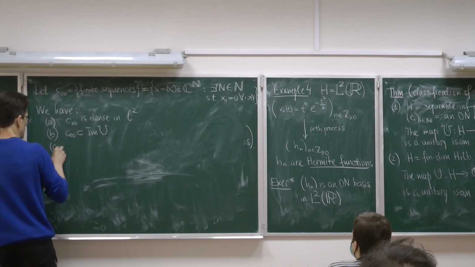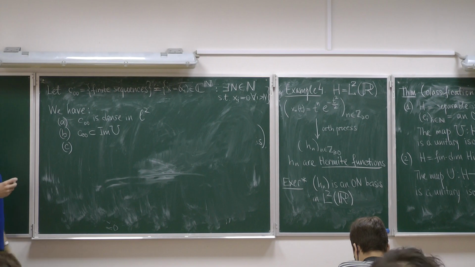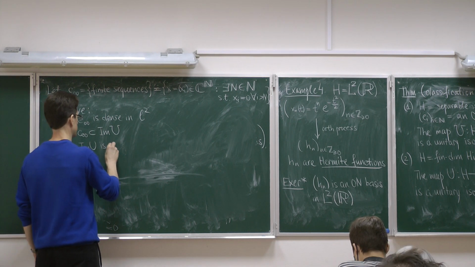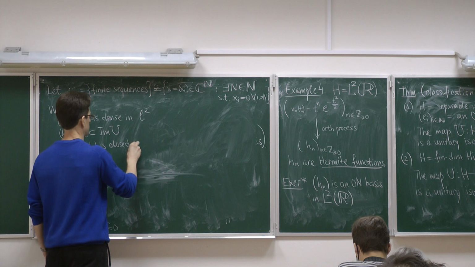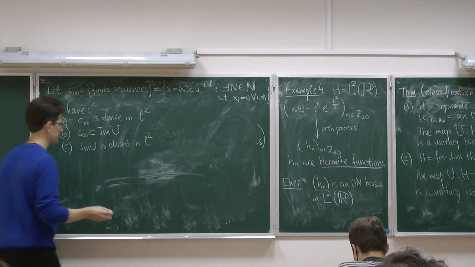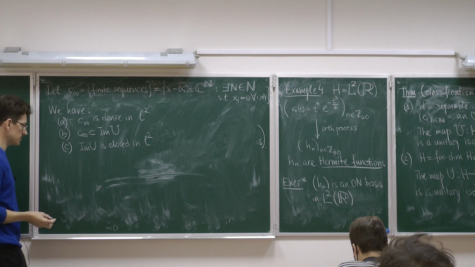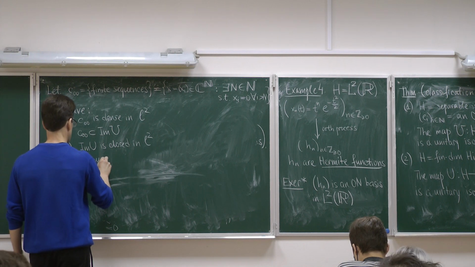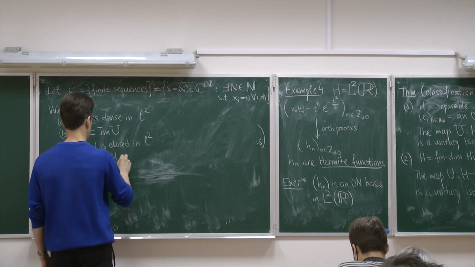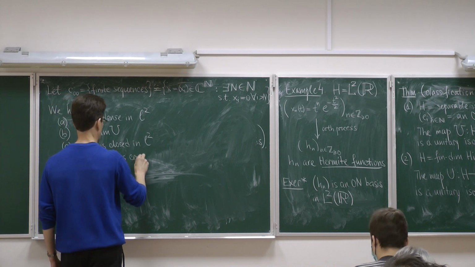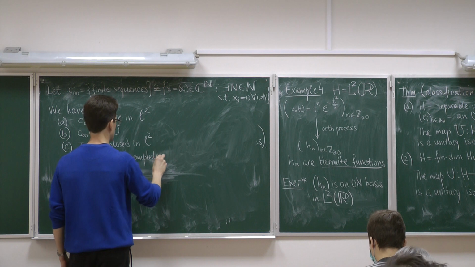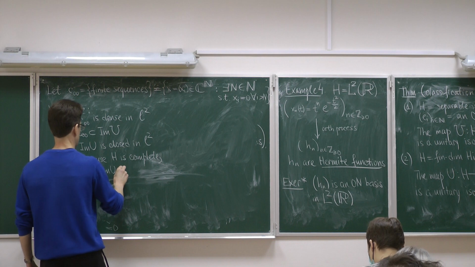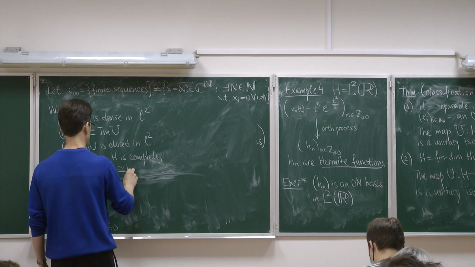And finally, fact C: the image of U is closed in l2. Why is it closed? It is closed because H is a Hilbert space, so it is complete, and the image of U is isometrically isomorphic to H.